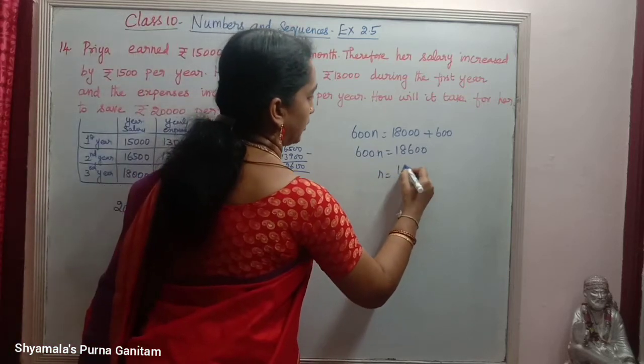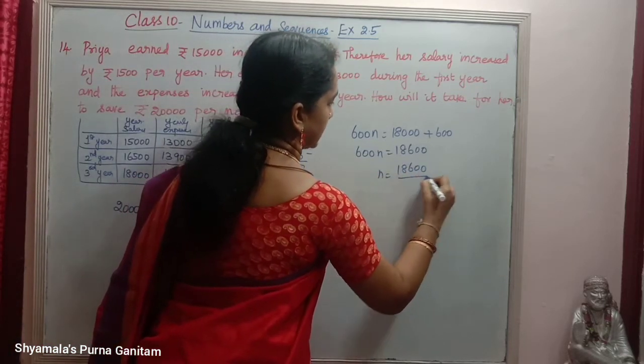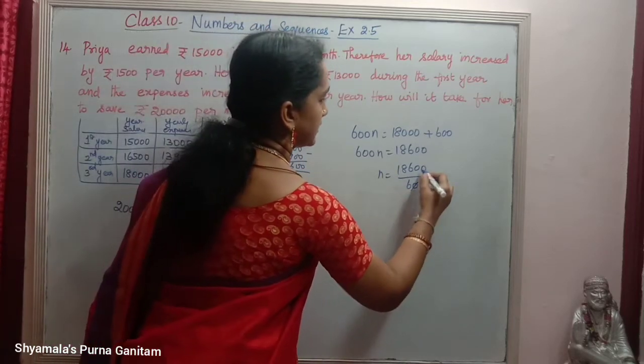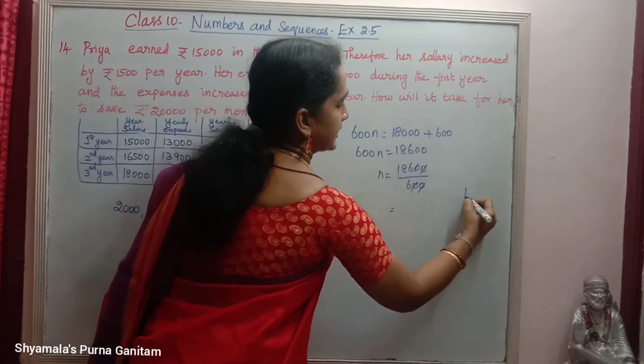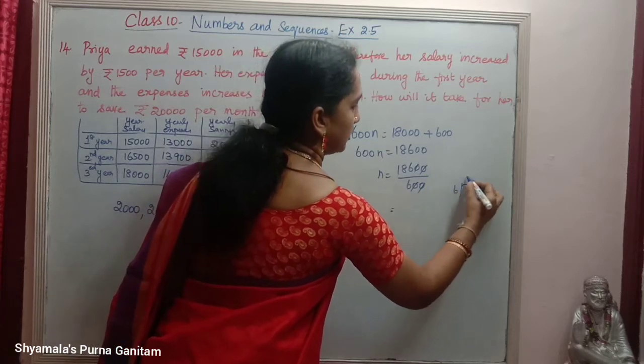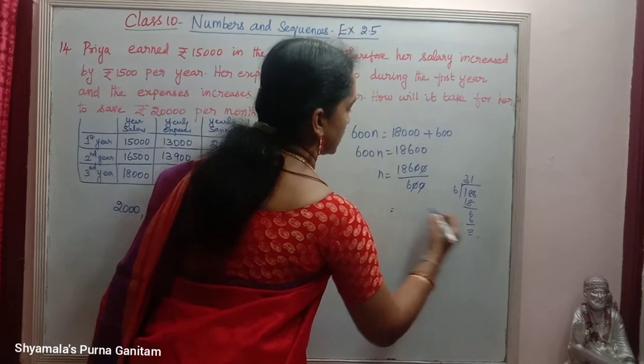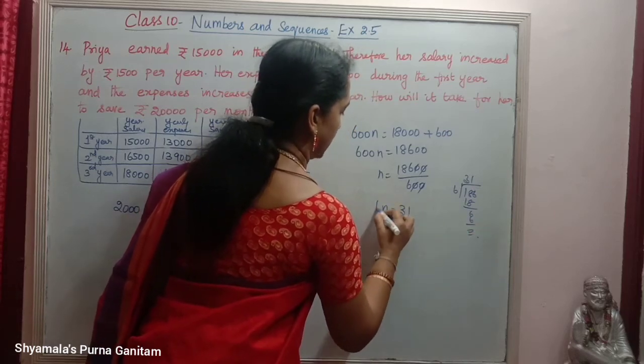So N is equal to 18,600 by 600. So if we simplify this, 186 divided by 6 will be 31. 6 3s are 18, 6 1 time 6. So N is equal to 31.